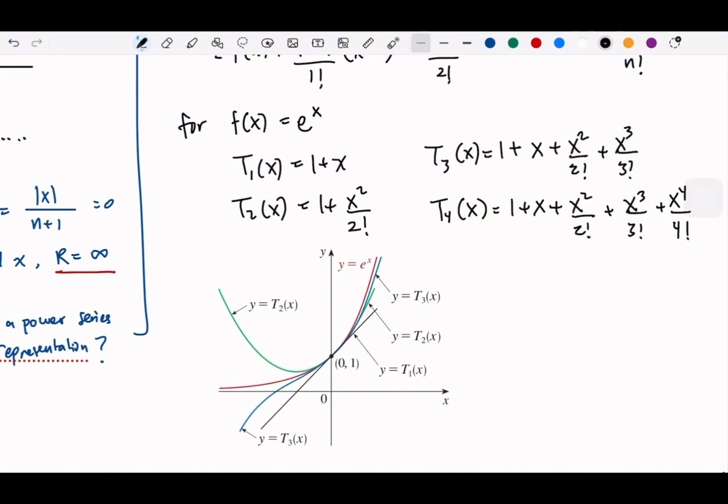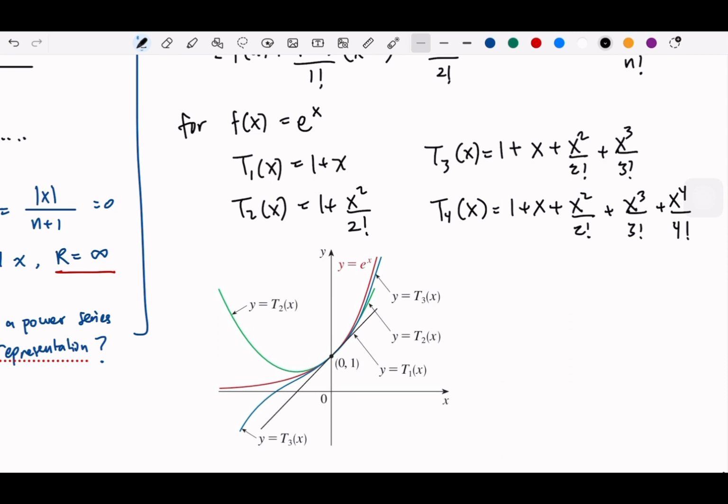We start from here, and I think it is similar to the previous example that you mentioned, that if we increase the n in the partial sum, T1 becomes a quadratic polynomial, then we increase and it becomes a cubic, and then we can increase again to 4, 5, and you will see that as we increase the n, the line will get closer to e to the x. Okay, it's going to be closer and closer. So as n gets larger, it gets close to our e to the x.